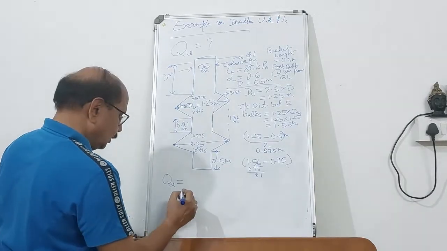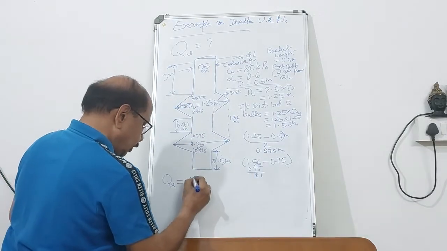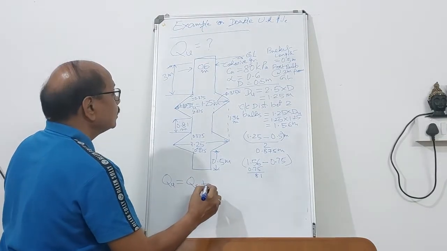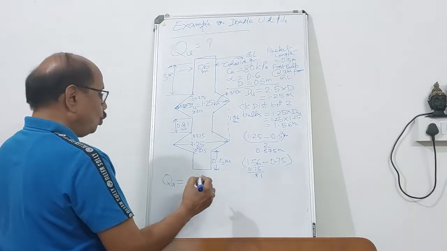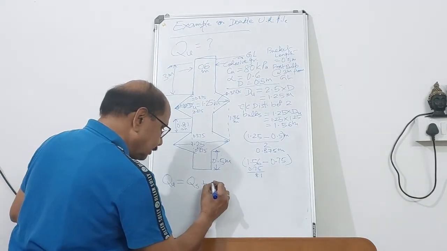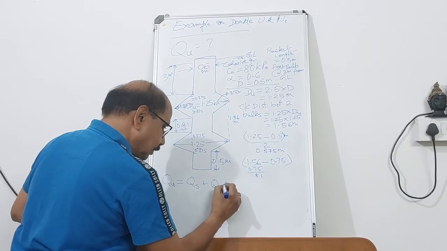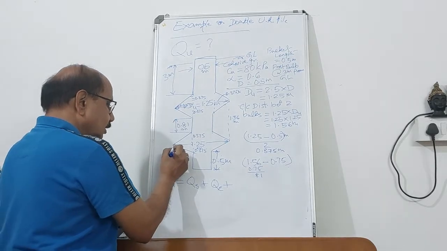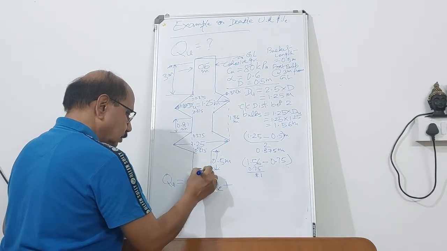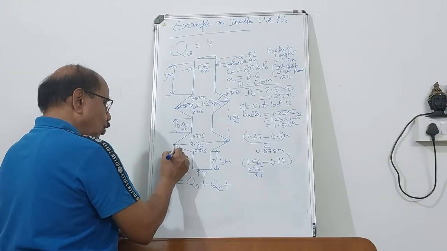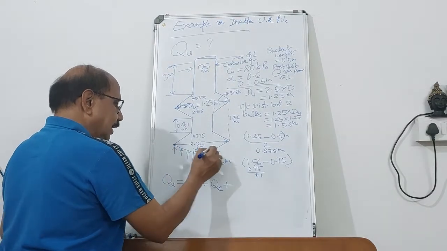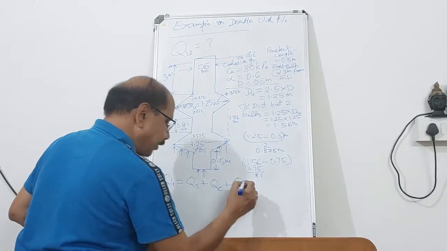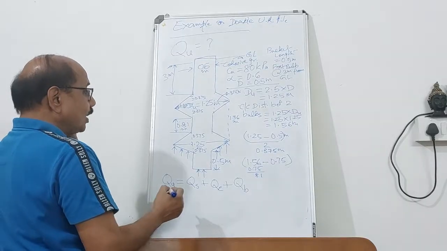The first component is the load carried due to skin friction, plus the load carried at the end, at the pile tip, QE, plus the load carried by the bulb, QB, that is the third component.